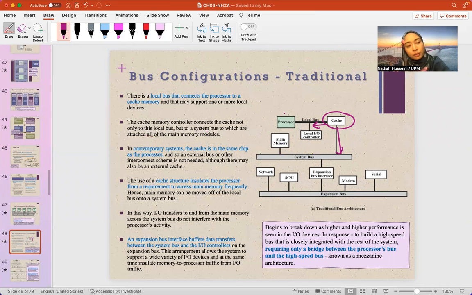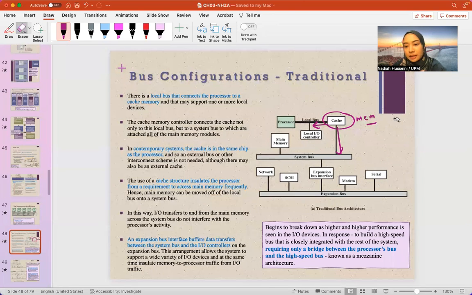But this is different than what we have seen earlier on. We saw that the system bus was something like this, if I'm not mistaken. We had the CPU, the memory, and also the IO, and we called this the system bus. This was the top level view. But as we go deeper, we can see that there are different ways of arranging this, and this is one of them.